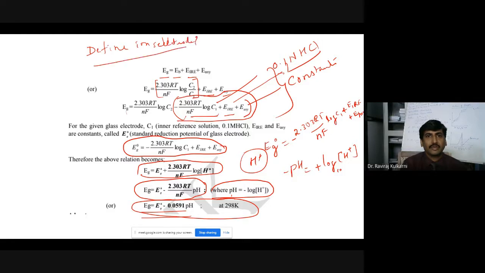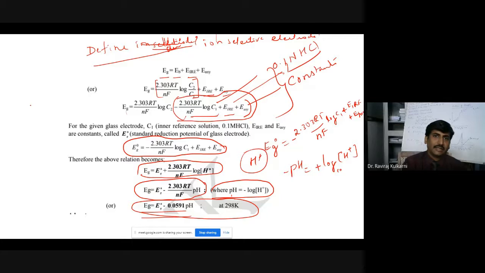Okay, the typical question will be: define ion selective electrode. Just read it properly. Ion selective electrode, you have to define it.